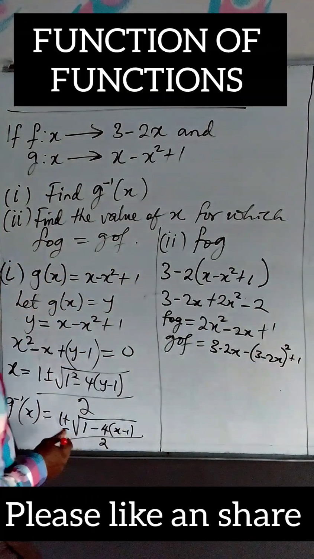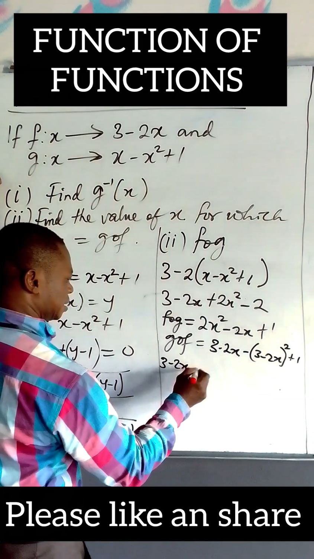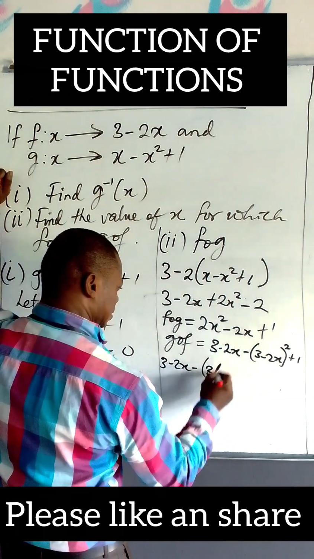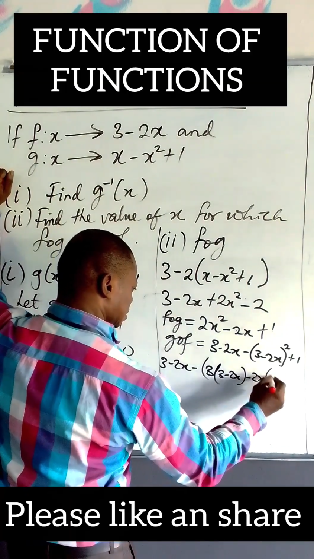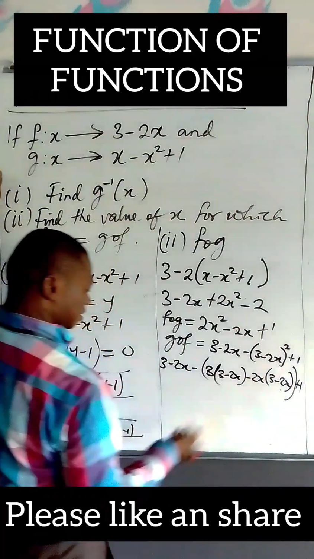So we need to simplify that. Simplifying that will be 3 minus 2x minus 3 minus 2x times 3 minus 2x, plus 1. Alright, let's wrap it up.